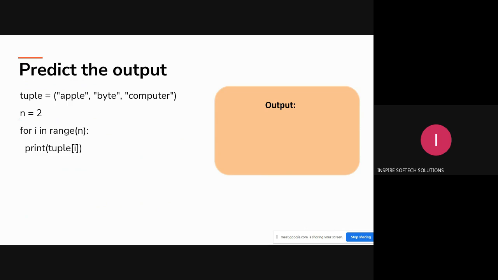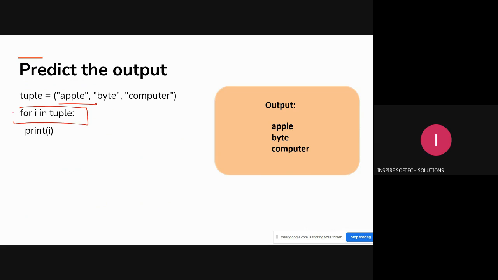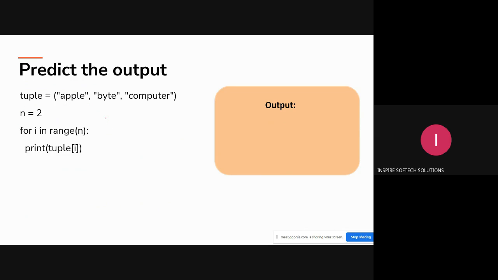Next, now try for this. Now we have tried this question with the help of the first type of for loop, that is, the sequence. Now we are trying with the second type of for loop. The second is nothing but the in range property. Now what will be the output? You tell me the output.